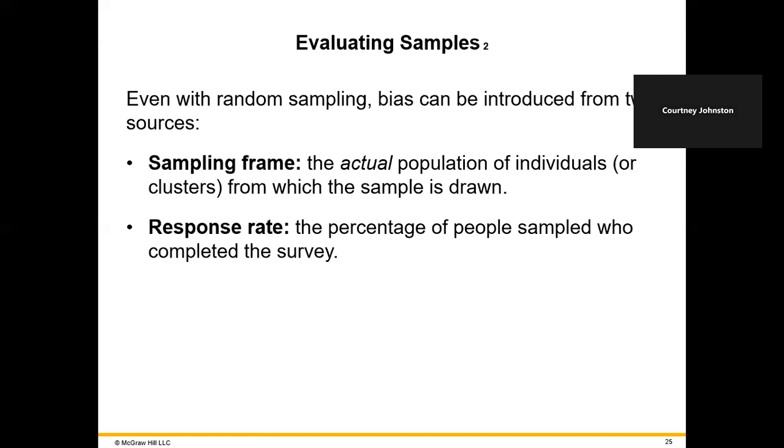The sampling frame, so this is the actual population of individuals from which the sample is drawn. That might actually decrease the generalizability of the results to the population. So let's say you are still studying North Platte Community College students, and you get a sample of North Platte Community College students, but you can only obtain a sample from those who are on South Campus on Fridays.